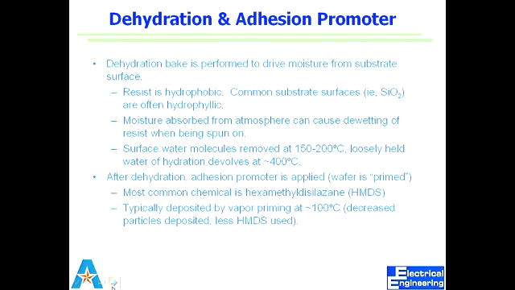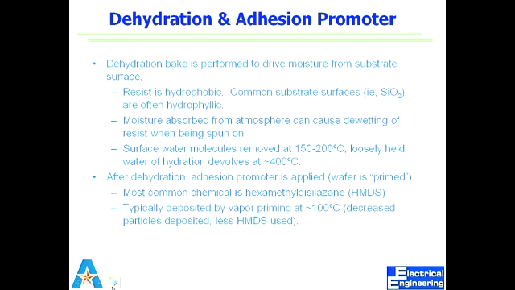How do we measure hydrophobic or hydrophilic property? There's this thing called contact angle. I think we have covered that before, right? Yeah. So, moisture from atmosphere can cause de-wetting of resist while spinning.